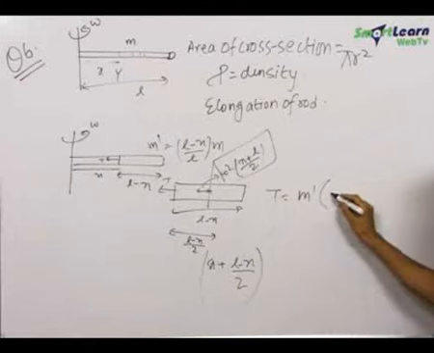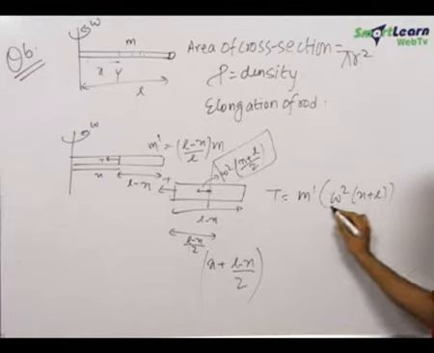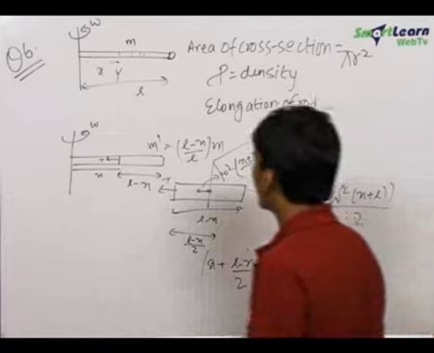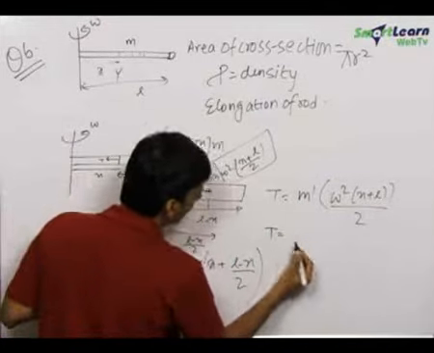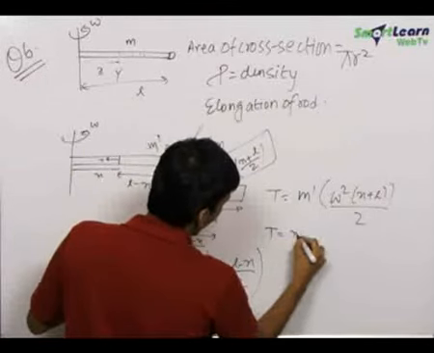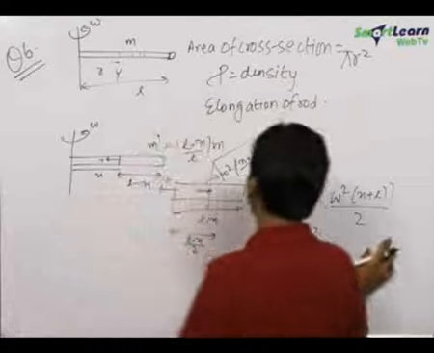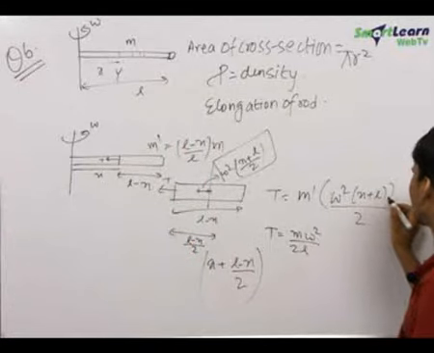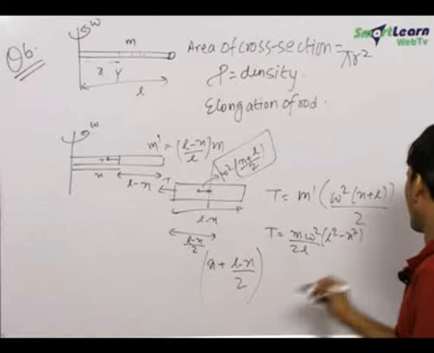So, just writing the acceleration of center of mass over here suffices. Therefore, we write T equal to m' omega square into (x plus L) upon 2. We know that m' is equal to (L minus x) into m upon L. We substitute that here to get T is equal to m upon 2L into omega square into (L minus x) into (L plus x), that is equal to m omega square upon 2L into (L square minus x square).